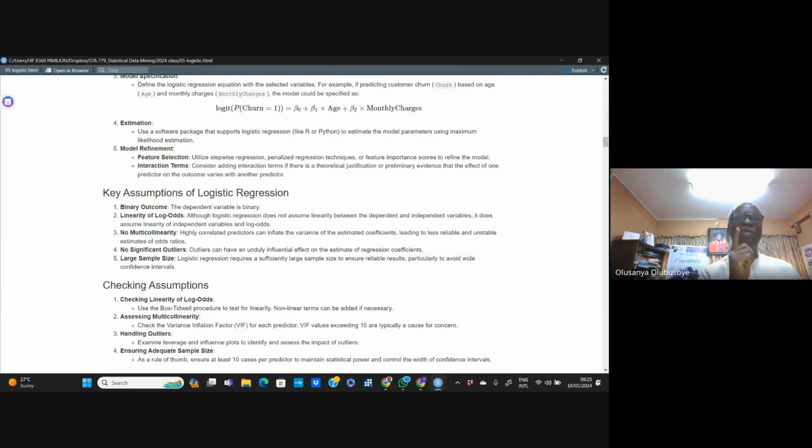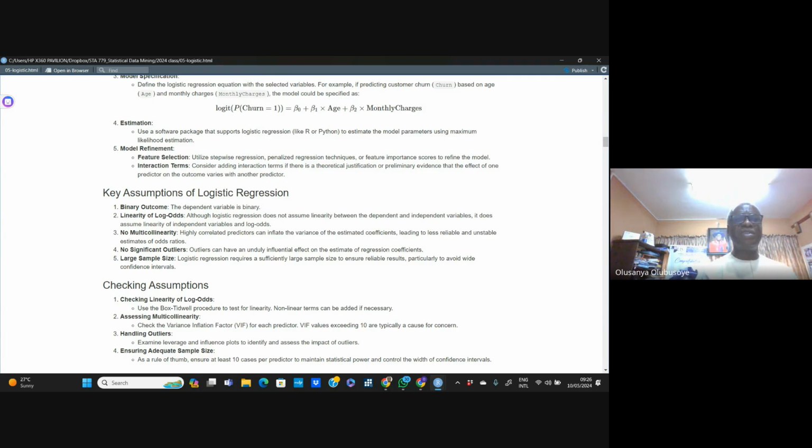We expect that the relationship between the logit and the linear combination of the independent variables must be linear. We must ensure that there is linearity of the independent variables and the logit.